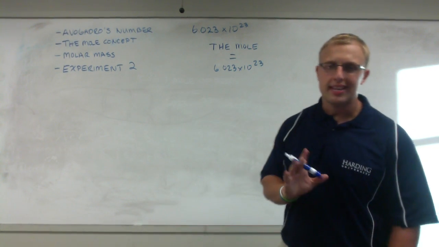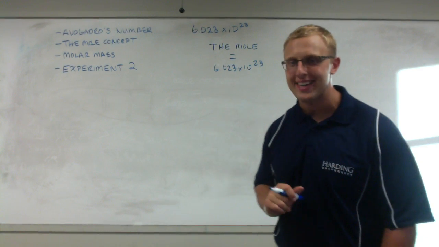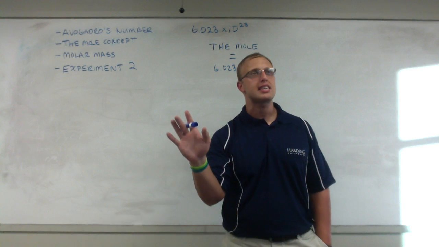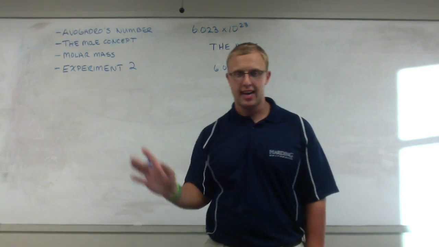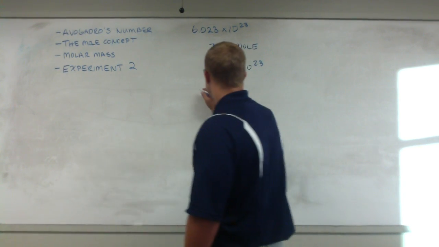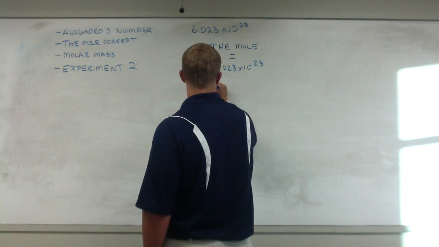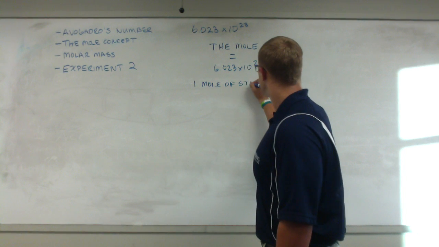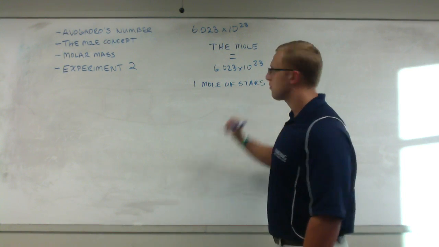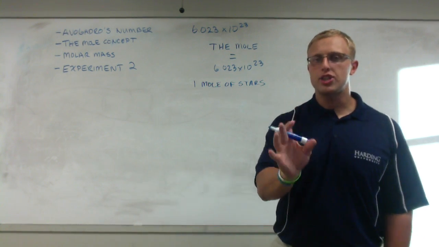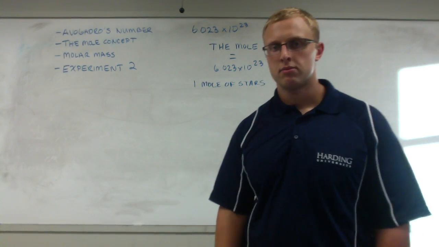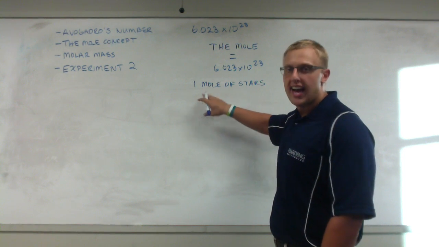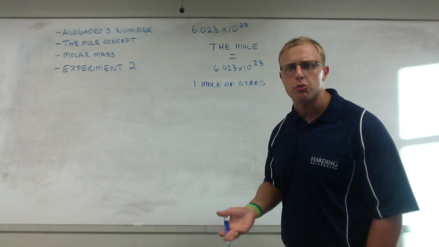So let's do a couple examples, just some things that you run into in everyday life. So let's do a mole of stars, right? When you look up at the sky, it is covered at night with stars, right? So let's say 1 mole of stars, right? How many stars does that represent? Well, it's really easy. The mole kind of acts like a variable, like all units that we've been talking about.